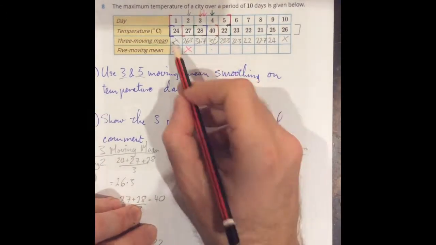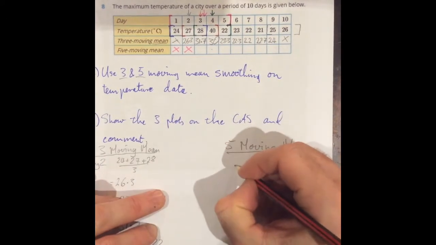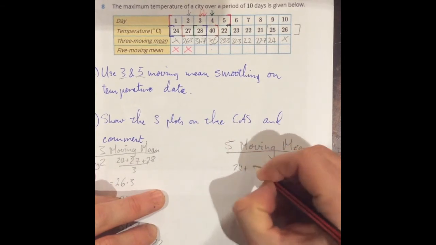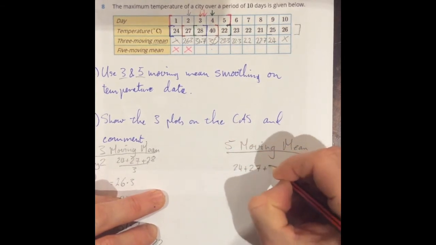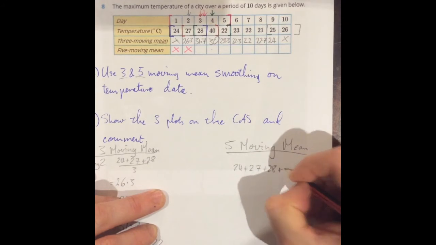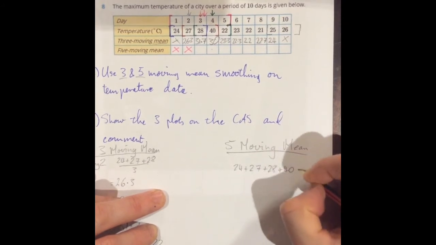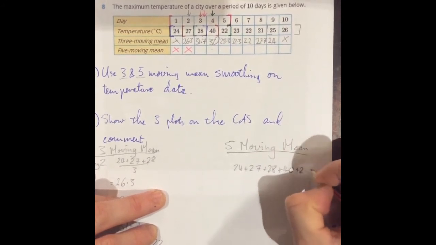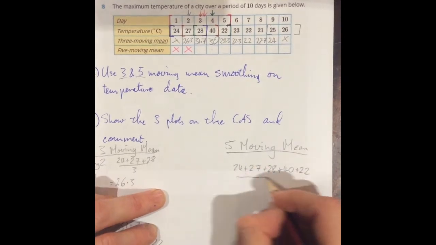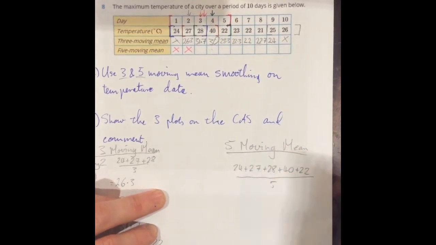All right, so those first 5 days, 24 plus 27 plus 28 plus 40 plus 22. Okay, all of that divided by 5.